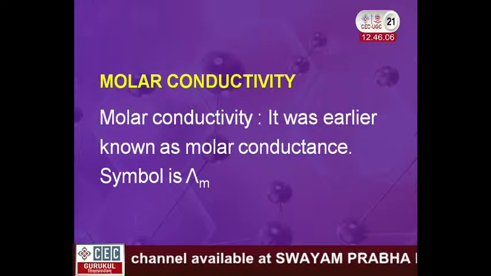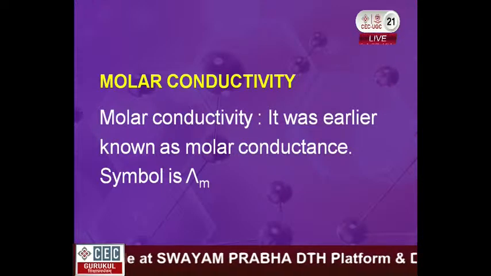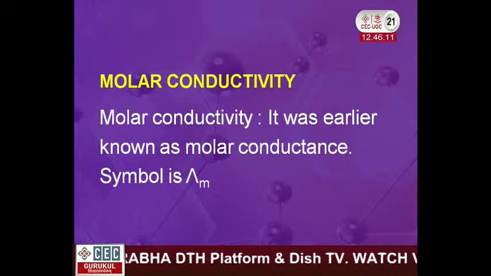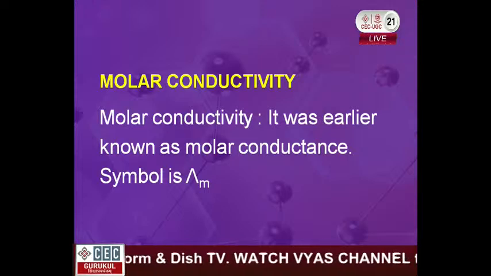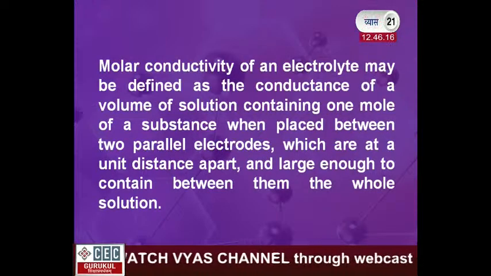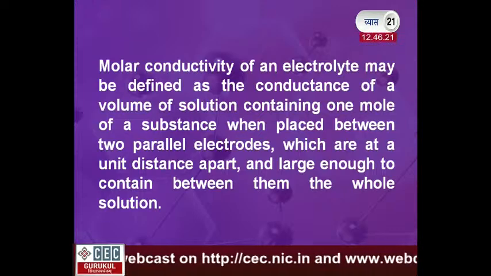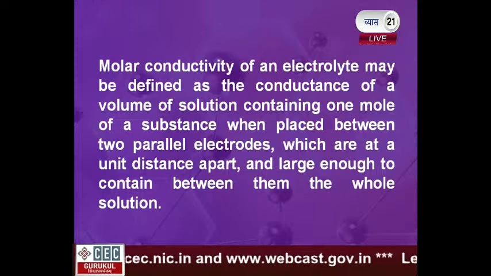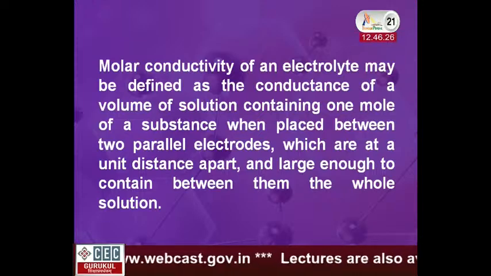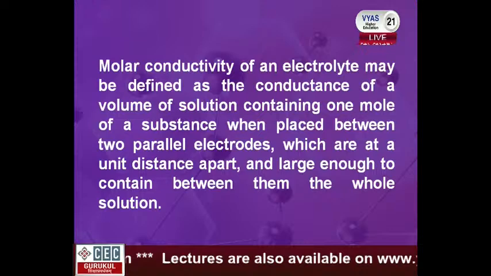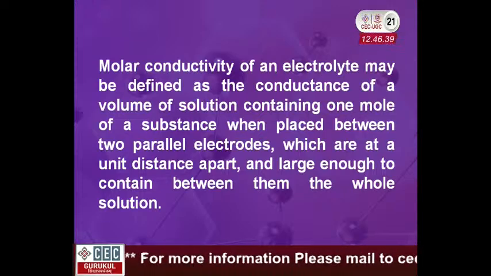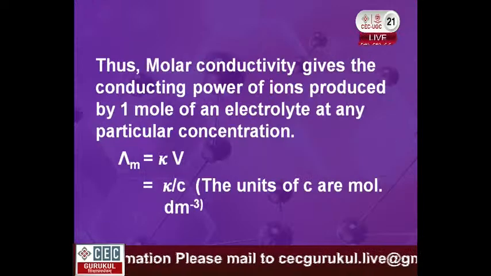Molar conductivity. It was earlier known as molar conductance and is represented as lambda m. Molar conductivity of an electrolyte may be defined as the conductance of a volume of solution containing 1 mole of a substance when placed between two parallel electrodes which are at a unit distance apart and are large enough to contain between them the whole solution.